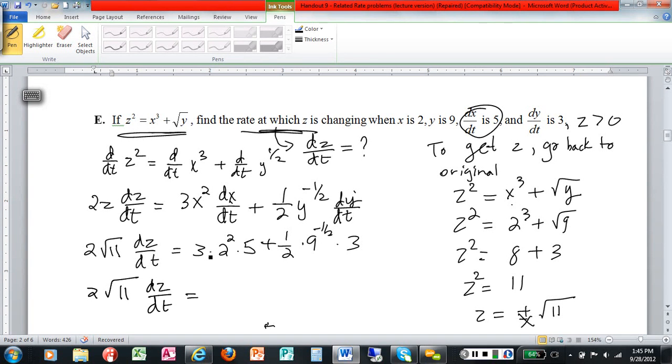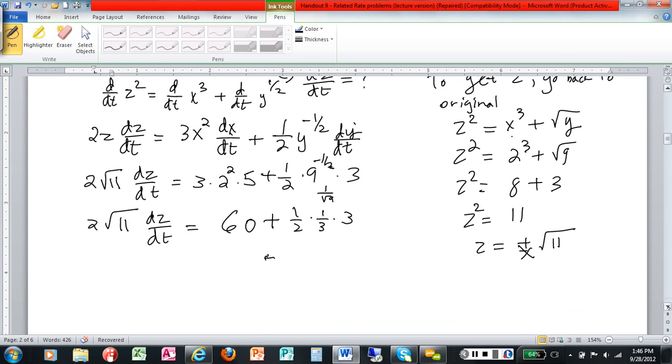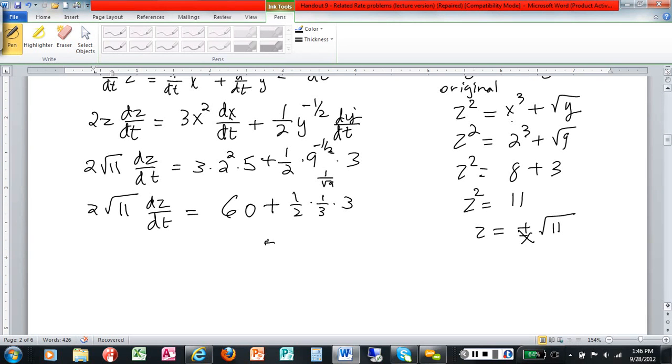That'd be, what, 3 times 4 times 5 would be 60. Plus, that would be 1/2. 9 to the negative 1/2, isn't that 1/3? It's 1 over the square root of 9, isn't it? So that's 1/3 times 3. With me on that? I do all that right.